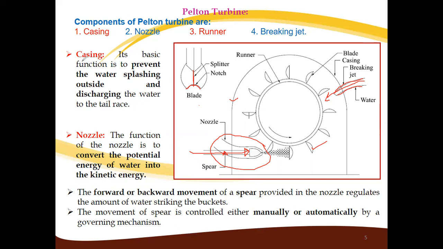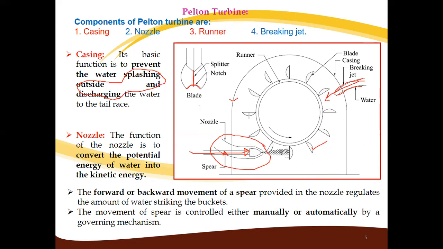Now first we will see the casing. Casing is a basic part of this Pelton wheel, and its function is to prevent water from splashing outside and to discharge water to the tail race. So there are two functions of this casing. The first function is to prevent the water from splashing outside.